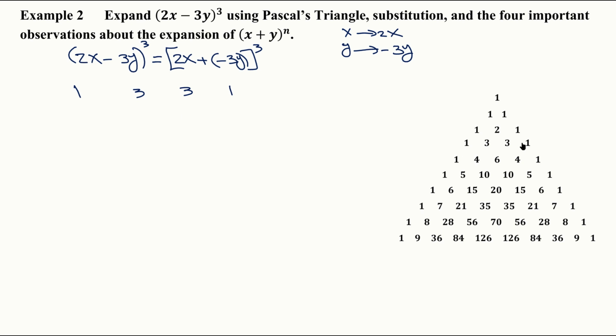Remember, there's no confusion here. You may say, oh, that's the 4th row. Yeah, but remember, we call the first row 0. So this would actually be row 3. All right, so for the expansion of quantity 2x minus 3y cubed, the first coefficient is 1, so 1 times the first term, which is 2x, to the power of n, which in this case is 3, right?